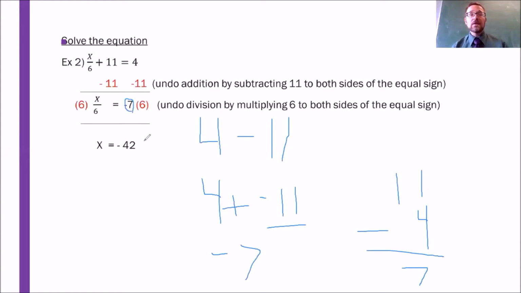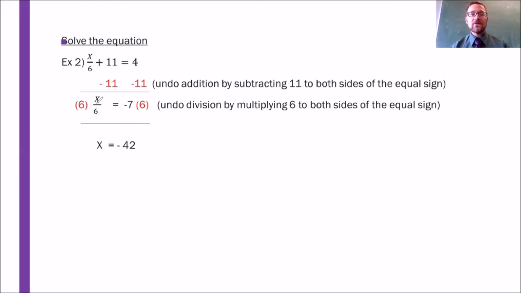Okay? So the next thing you can see is now we have x divided by 6 equals negative 7. So they multiplied 6 to both sides, and we have negative 7 times 6. A negative times a positive is a negative, so my answer is negative. And I think, okay, negative 7 times 6 is 42.